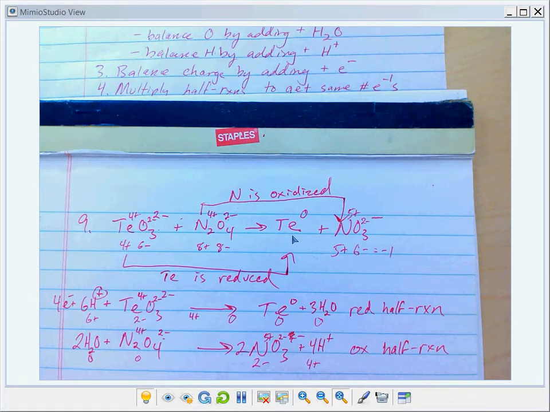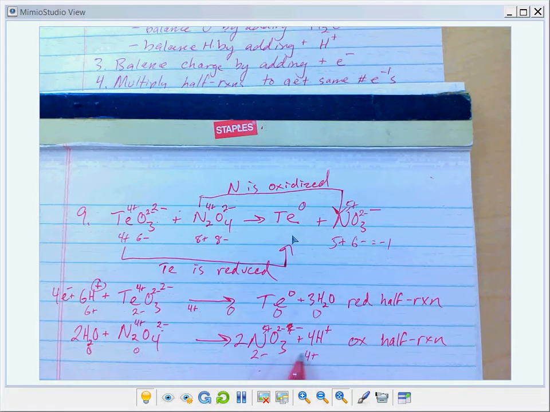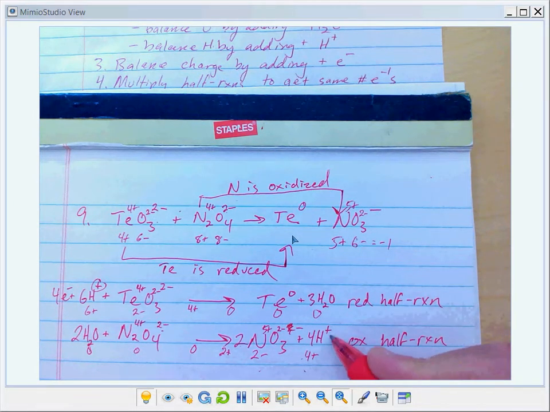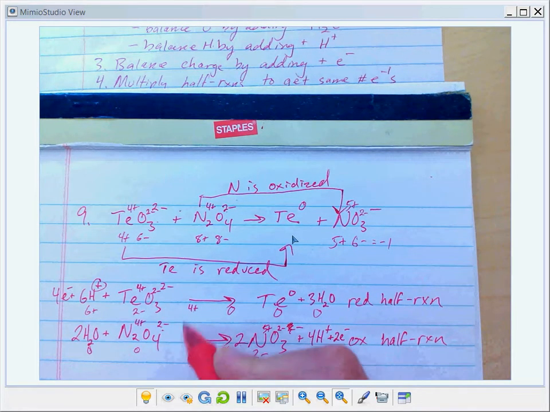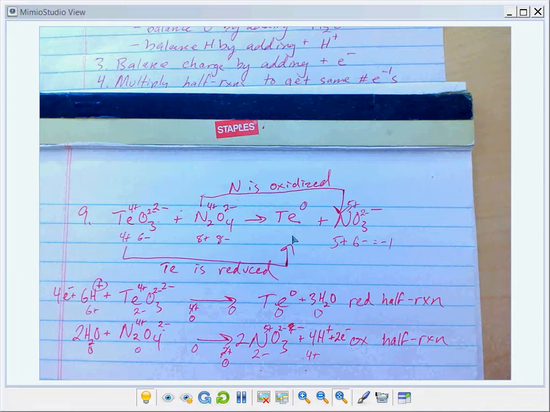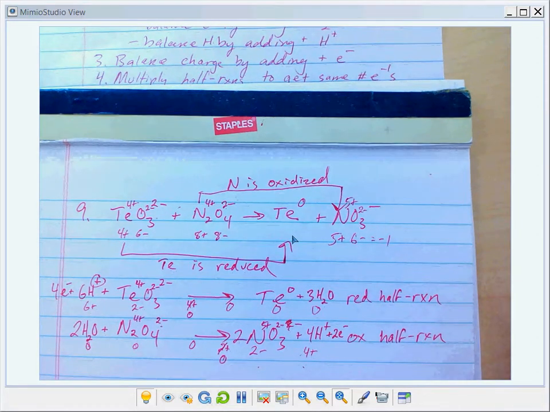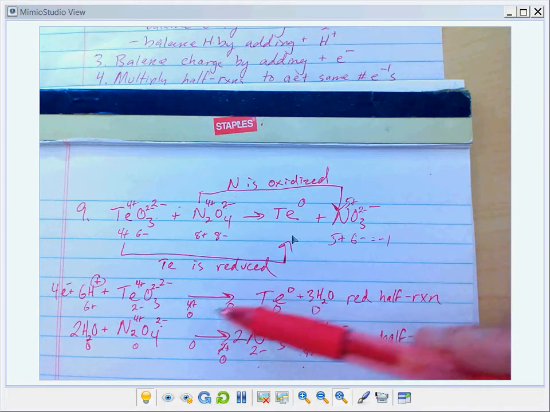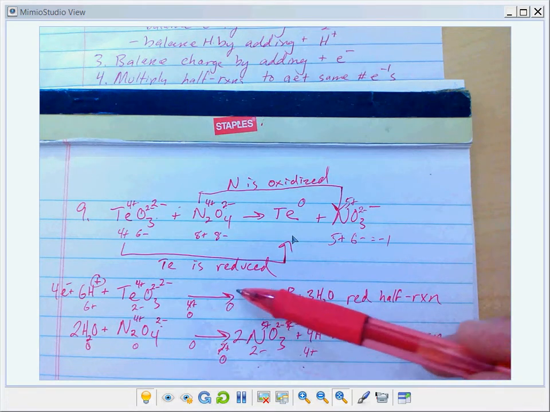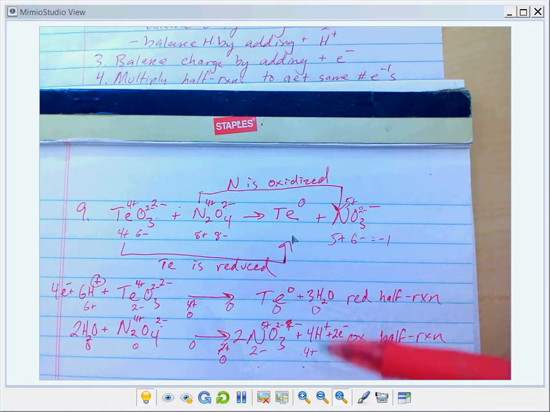So this entire side of the reaction here is going to be, let's see, 2 extra pluses. So we need to balance out those 2 extra pluses, and this side's 0. So we need to put 2 negatives to balance out the 2 pluses. Now that's 0, and that's 0. By the way, they don't have to be 0 and 0, as long as they're the same charge on both sides, it's fine. And the only way we can do that is by adding electrons to the side that's more positive.